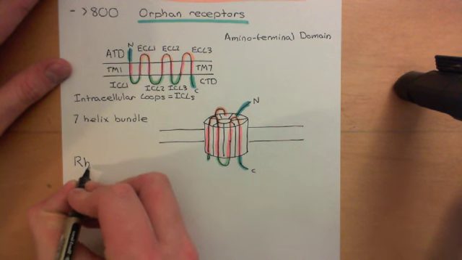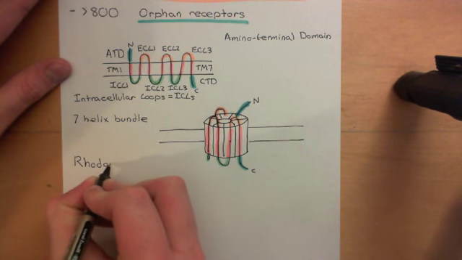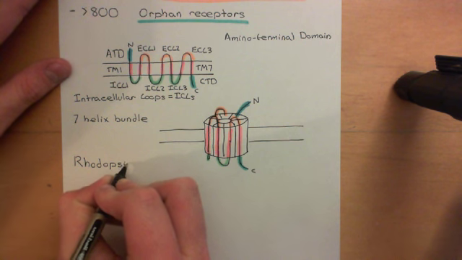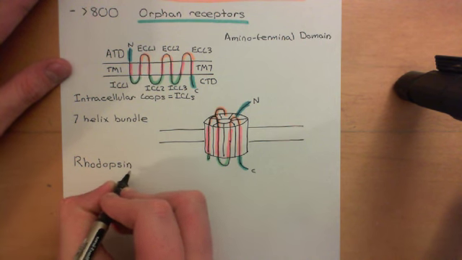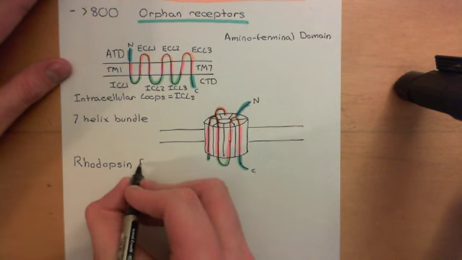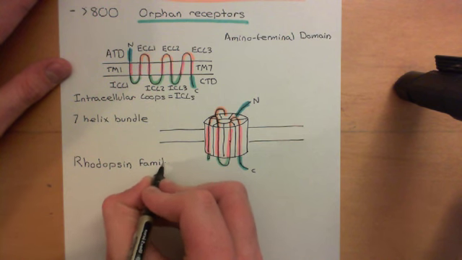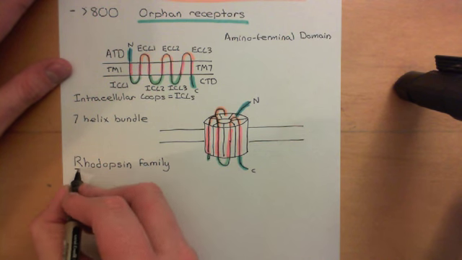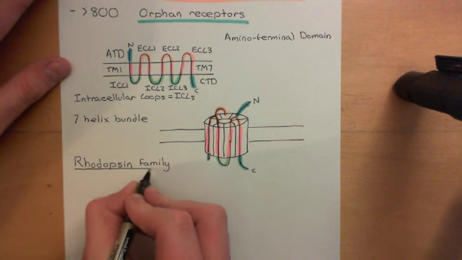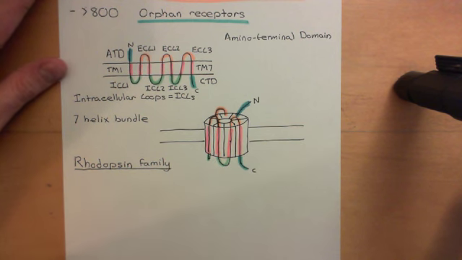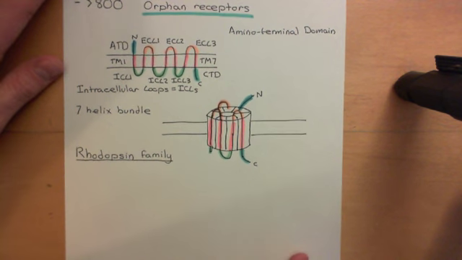This first family is called the rhodopsin family, named after a very famous example in this family, which is the rhodopsin receptor, the receptor for light that cells at the back of the retina have. And that's actually a G protein coupled receptor.